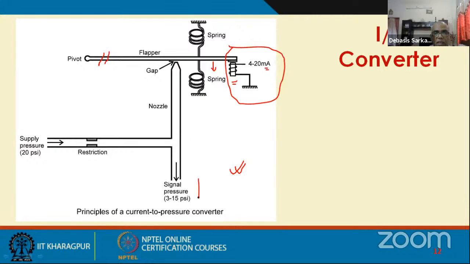Accordingly, this signal will be obtained. So a 3 to 15 psi signal pressure can be obtained corresponding to 4 to 20 milliampere current. So this is the I to P converter.